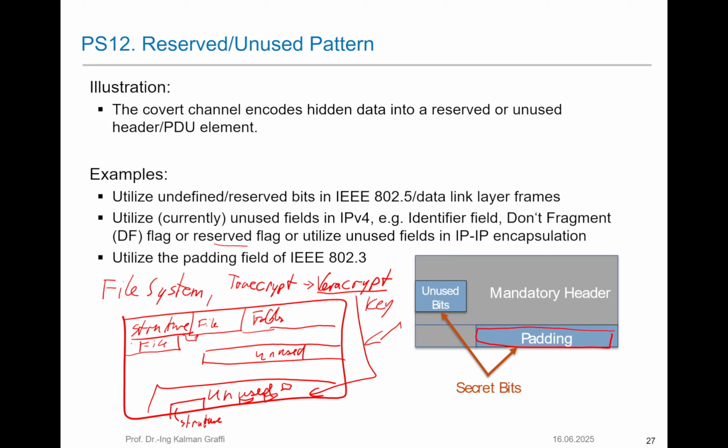The goal of some encryption mechanisms is to scramble the data so that all zeros and ones are equally probable. So it looks really random. And if you don't know the key, you cannot recreate the structure.